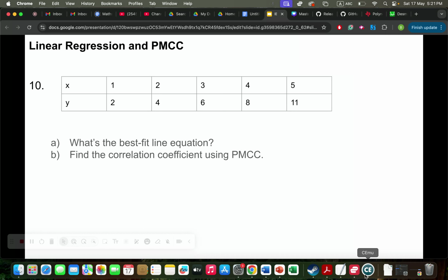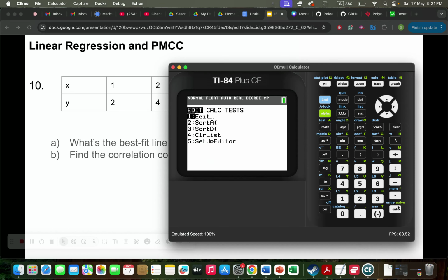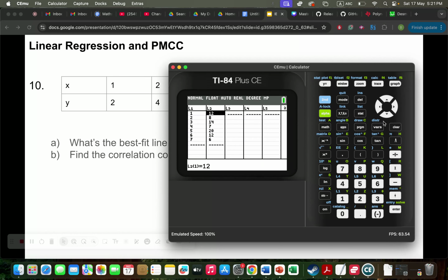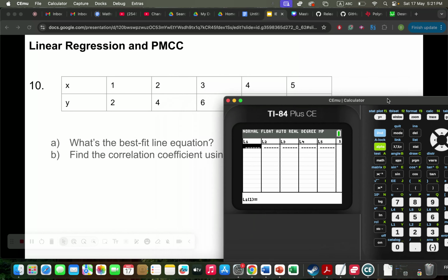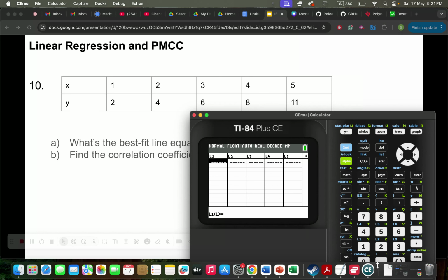Okay, so again, if you want to put all this onto the calculator, super easy. We go to stat, we go to edit, and put all the numbers here. Let's just delete all the numbers right here. Then we're going to put in these new numbers. In this case, the first value, which is x, I'm going to put in the first column.